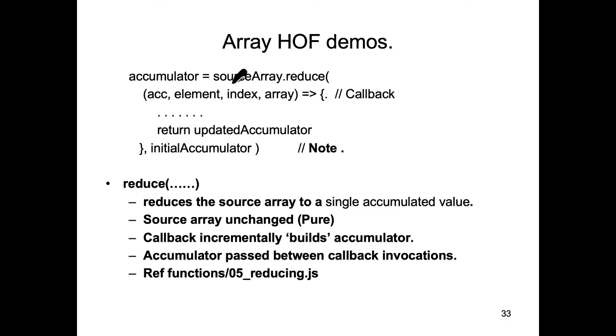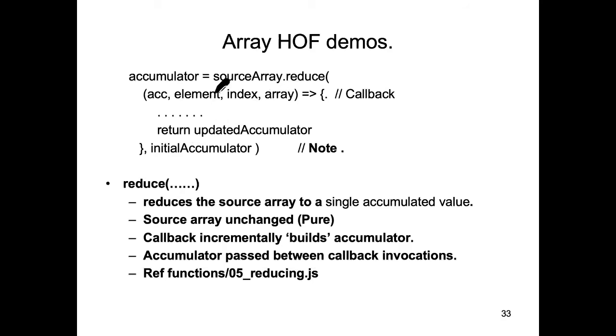A simple example might be I want to count the number of profiles of people whose age is less than 30. It's an accumulation. What you've got to pass to the reducer is the initial value for your accumulator, which would obviously be 0 in that example.